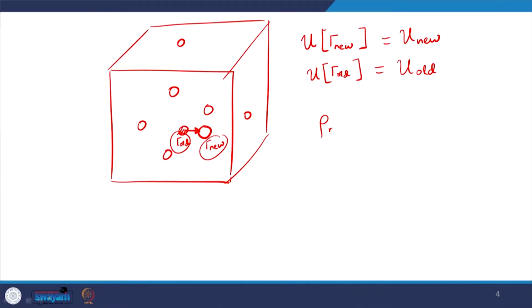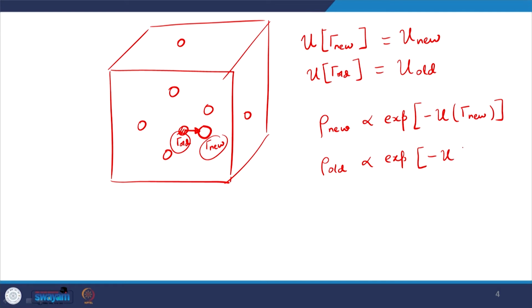What we expect is the probability in the new state should be proportional to the Boltzmann factor, that is, my rho nu should go like exponential of minus u gamma nu, and my rho old should go like exponential of minus u gamma old.